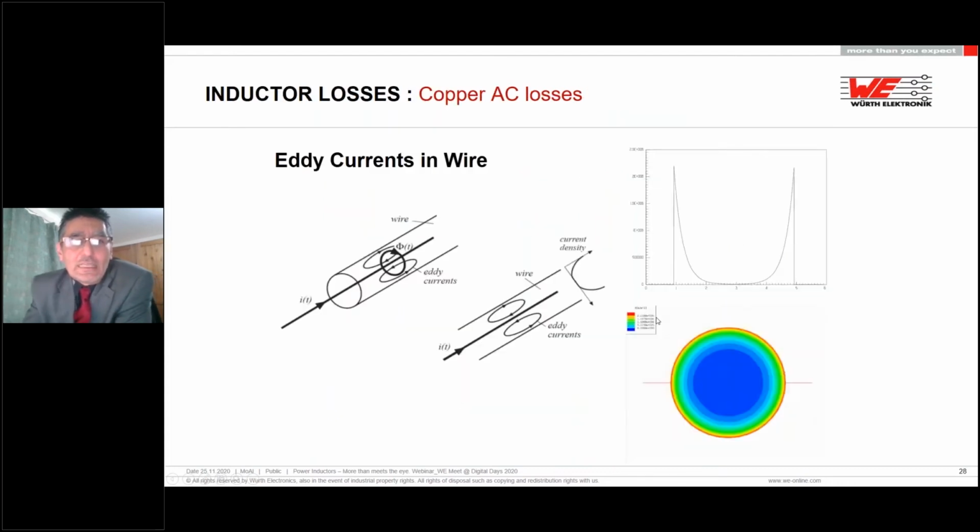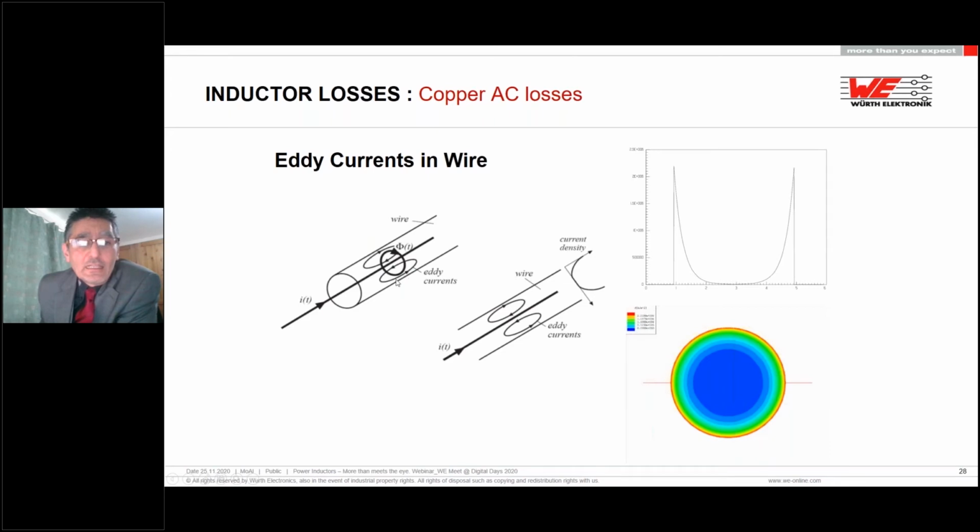Now let's look at the AC copper loss. So this is in the wire, but the AC loss, not the DC loss. And this is associated with the eddy current losses. The concept of eddy currents is if you've got an AC current flowing through the wire, that AC current will, internal to the wire, not external, we know the external one, generate a time varying flux, N d phi by dt.